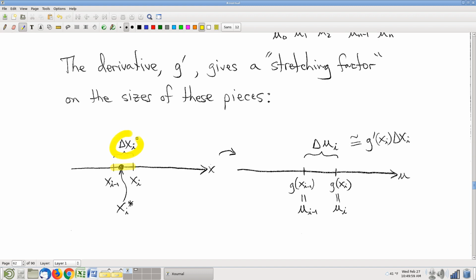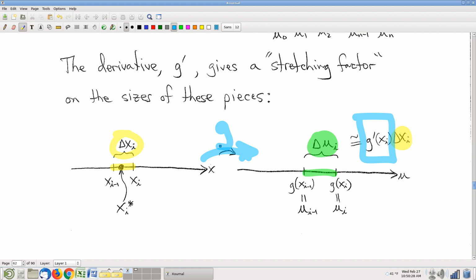So what you do to delta x to infer delta u is you multiply by the derivative of that function. You multiply by g prime. There's our g. The derivative of that g function gives us what I'm going to call the stretching factor: how much that little yellow interval got stretched out as a consequence of what that blue function did to it.